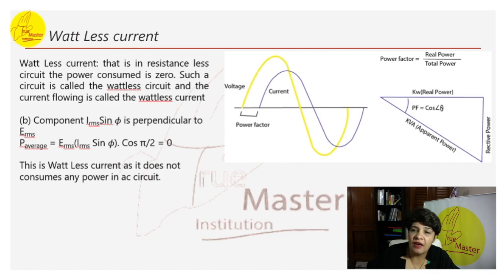In this graph you can see the voltage and the current, and the angle between them is 90 degree, cos pi by 2. So this becomes wattless.